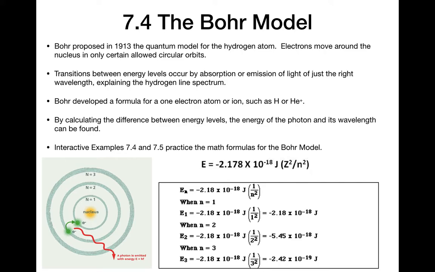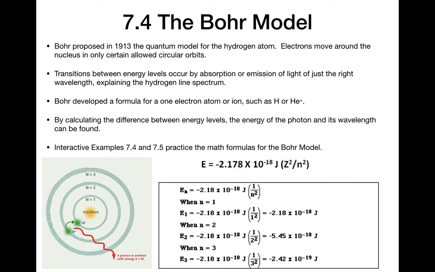So his model is sometimes called the planetary model. But he uses some physics and the idea of quantization of energy for the electron energy levels to explain the various electron energy levels that are allowable for hydrogen.